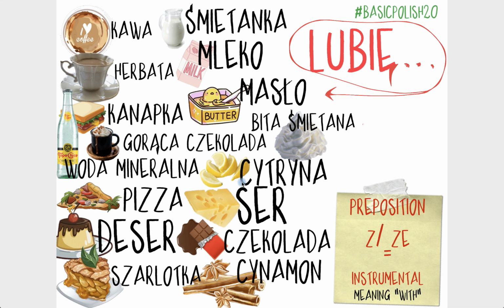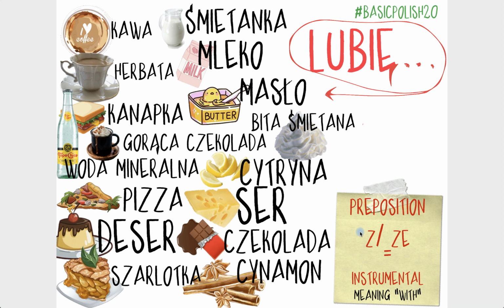So z cytryną, with lemon. It is important to understand that if you change the word into the instrumental and have the preposition z, that means with something, in this case with lemon.